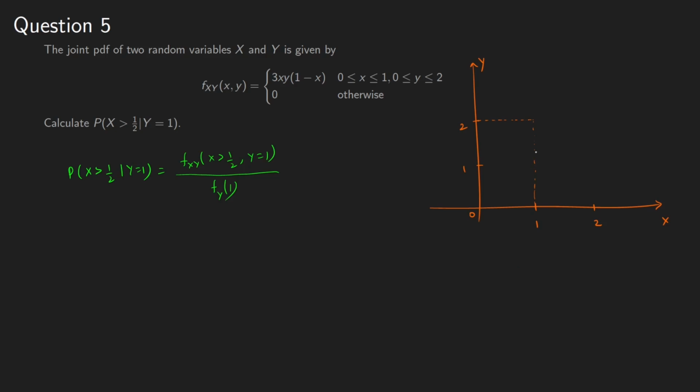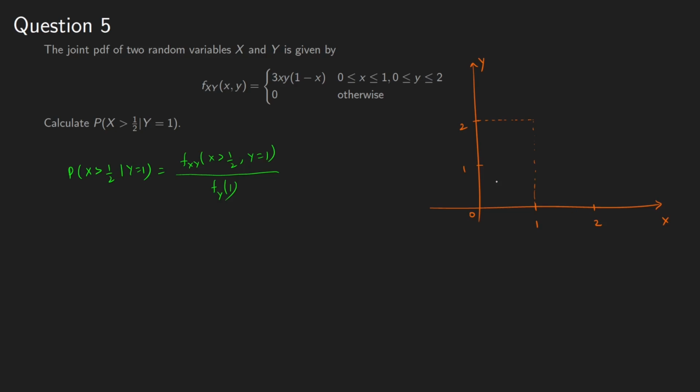This is the support of x and y, and at every point you can imagine that the joint PDF is coming out of the screen according to this function 3xy times (1 minus x). You take any x, y, calculate this value, and that will be the height of the thing coming out of the screen.